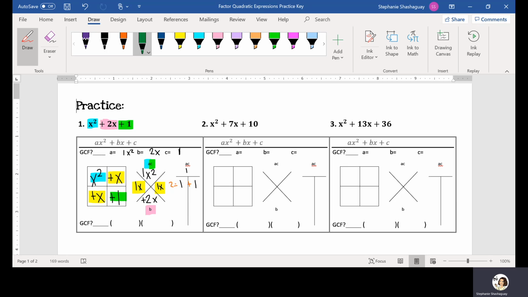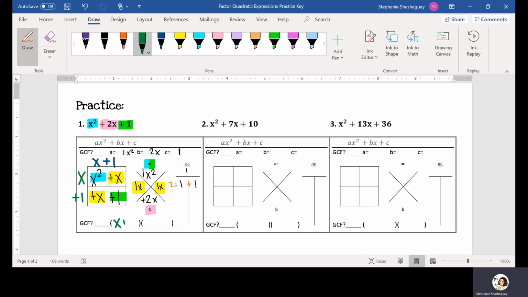Now I need to factor out my rows and my columns. So x squared times x, the only thing I can factor out is an x. I have a positive x and a positive 1. The only thing I can factor out is a positive 1. Now I'm going to look at my columns. X squared plus x, I can factor out an x. X plus 1, I can factor out a positive 1.